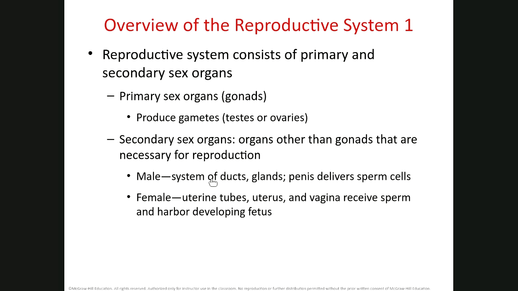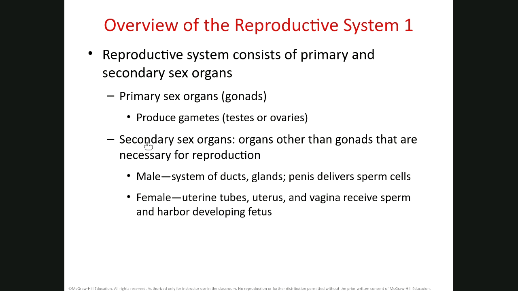So the reproductive system consists of primary and secondary organs. Always remember, primary, secondary. It's easy. The primary sex organs are the ovaries producing the egg and the testis producing the sperm cell.